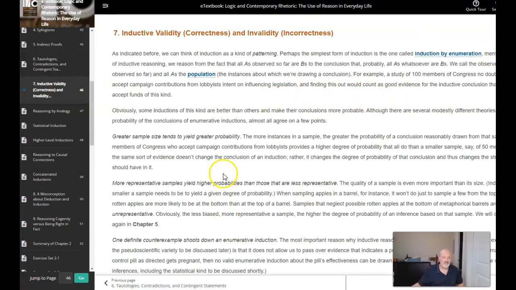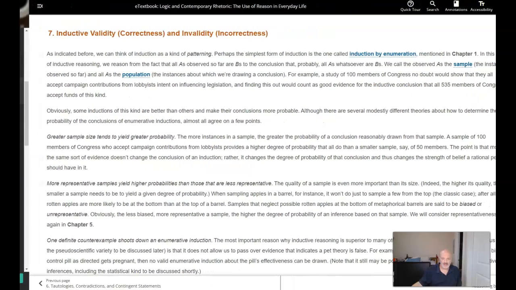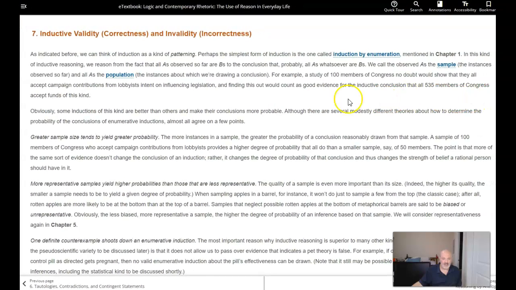Section 7 talks about enumerative induction and tells us that enumerative induction works from the fact that we've observed all A's to have B, therefore all A's whatsoever are B's.